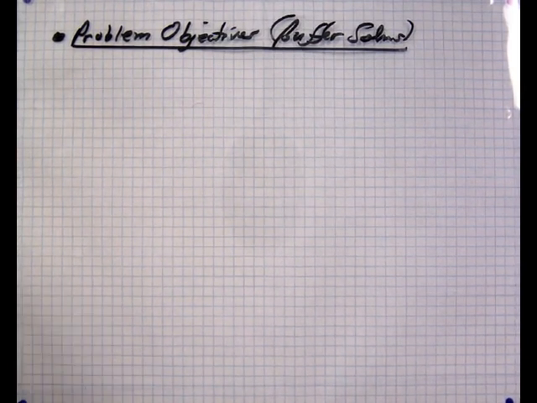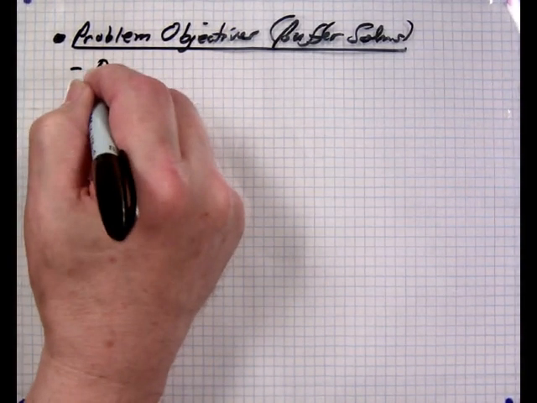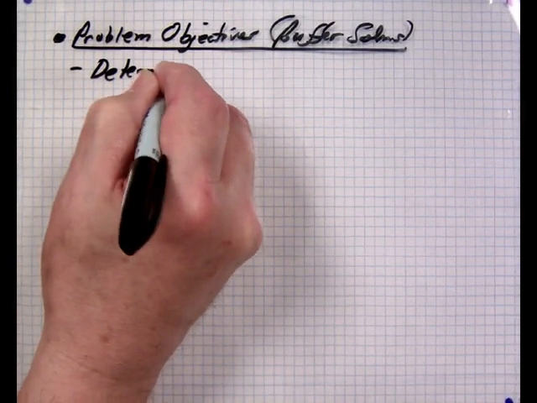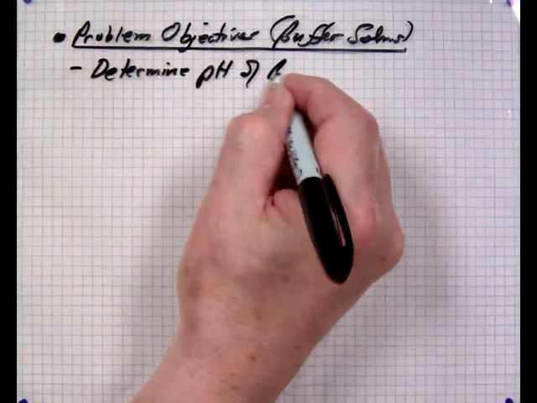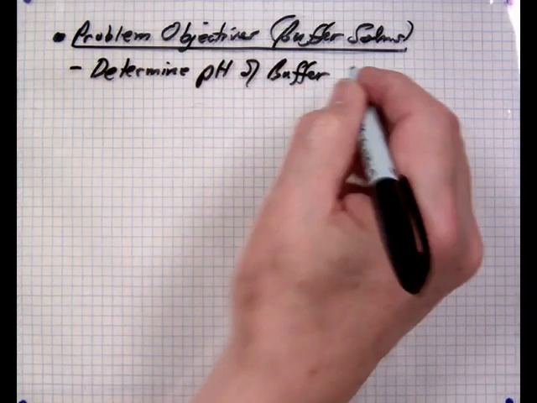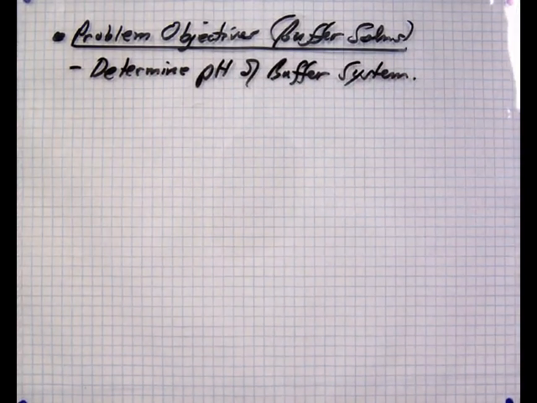But what kind of calculations are usually associated with this? Determine the pH of a buffer mix. That's one calculation you will need to determine.